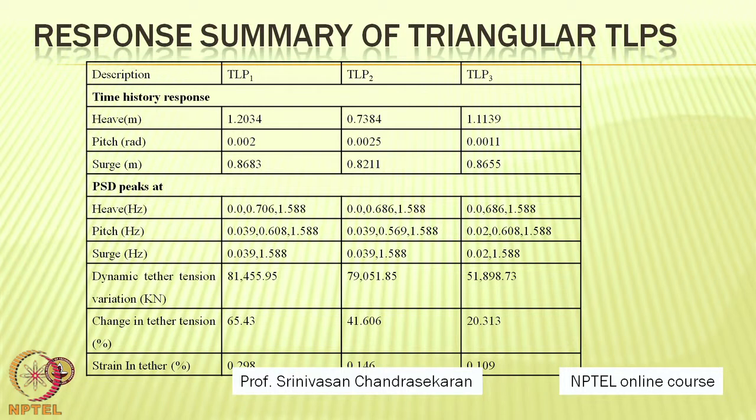So, one can see here that the peak occurring at 1.588 hertz is seen in almost all degrees of freedom in the response in all TLPs, and one can also see the dynamic tether tension variation caused by the seismic excitation forces imposed on the tether connectivity causes change in tether tension as high as 65.43% compared to the initial pretension, and 20% is the minimum value.